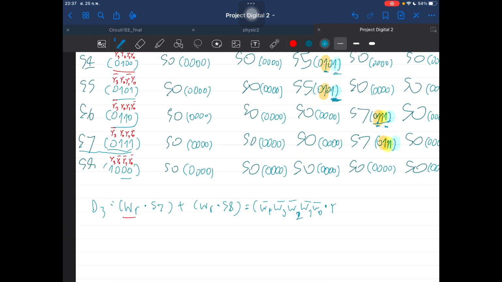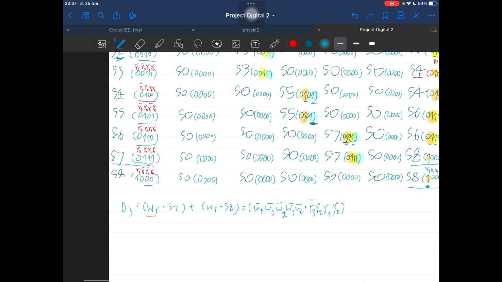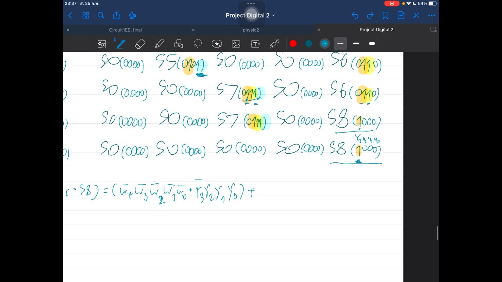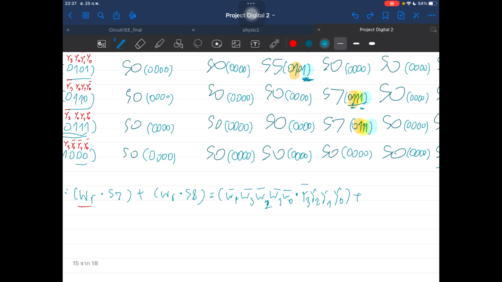Then write first like this, like this line, like this line. WR name is the same as the first line. Then write it.